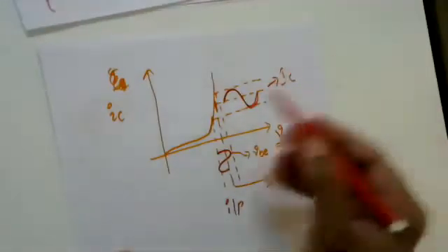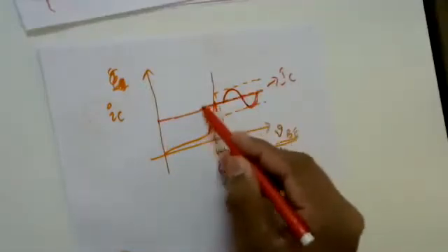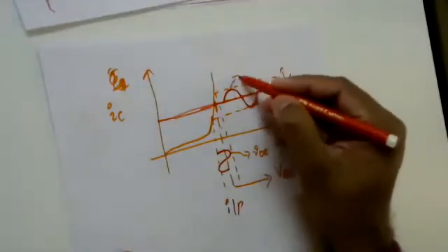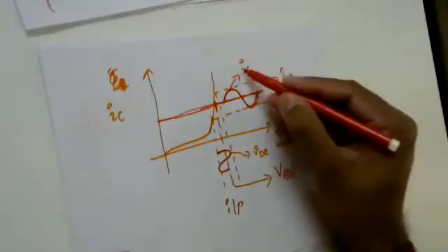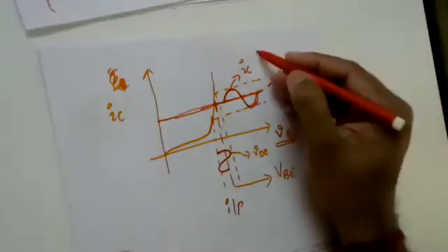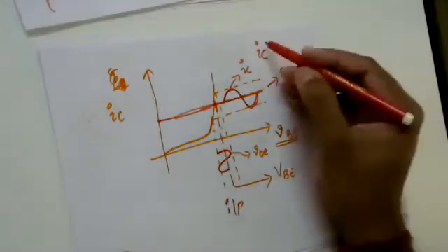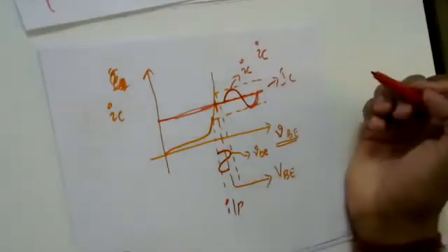And this is your DC current, IC. And this indicates an AC component, small ic. If I write small i and capital C, it indicates a combination of an AC component and a DC component.